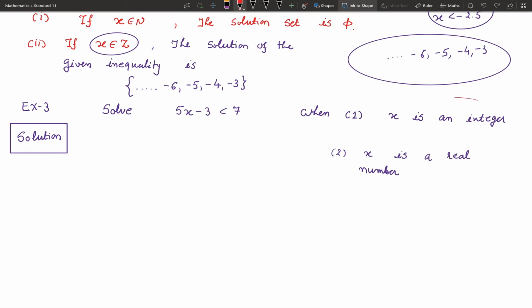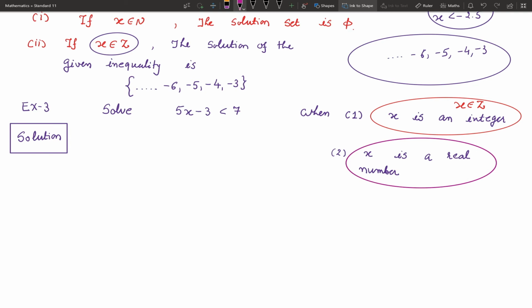X is an integer, that means we have to solve for x belongs to Z, capital Z, the set of integers, and in the second case x is a real number, so we have to solve the inequality for x belongs to R. So for x belongs to Z and x belongs to R, we have to solve the given inequality.